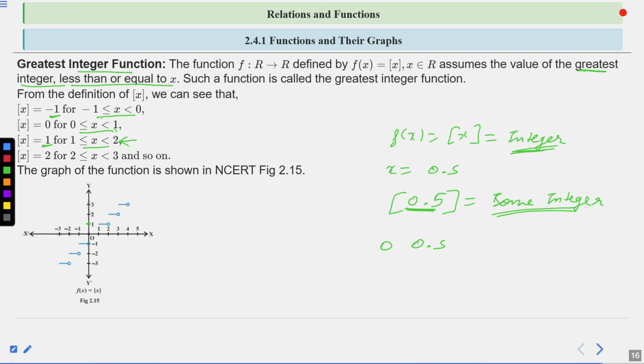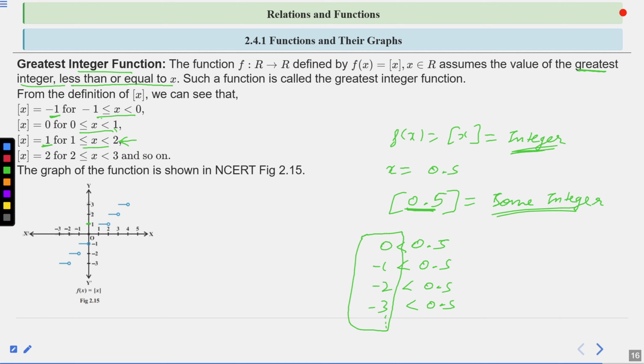So 0 is less than this number. Yes, -1 is also less than 0.5, -2 is also less than 0.5, -3 is also less than 0.5, and so on. Clear? Now I have my list of integers which are either less than the given number or equal to it. In this case, we do not have any integer which is equal to 0.5.